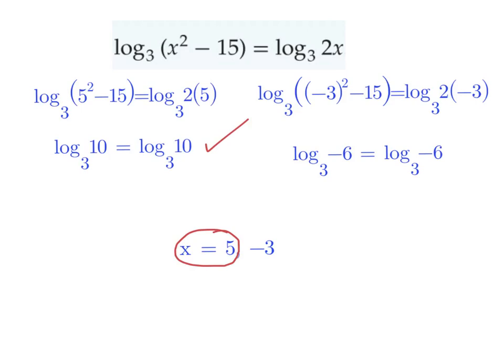The problem is you can't ever raise 3 to a power and then it turns to a negative, which is why we're not allowed to have negatives here. Because with logarithms, that number can never be negative, just the same way that this number can never be negative. So what that means is I throw out -3, so that is actually not a solution.